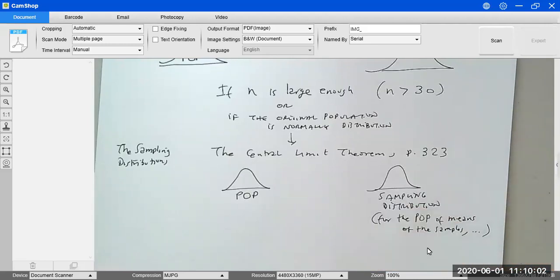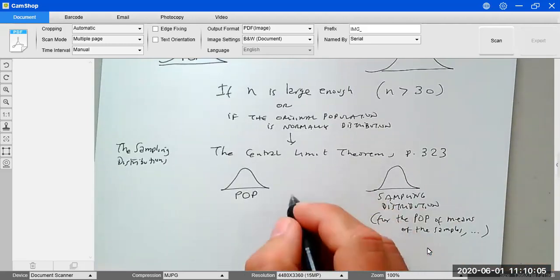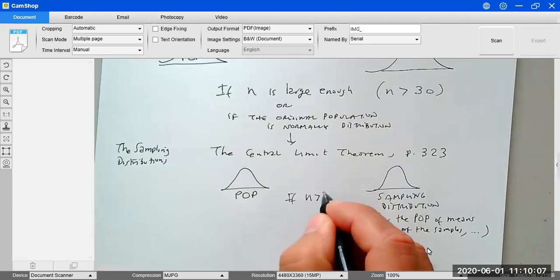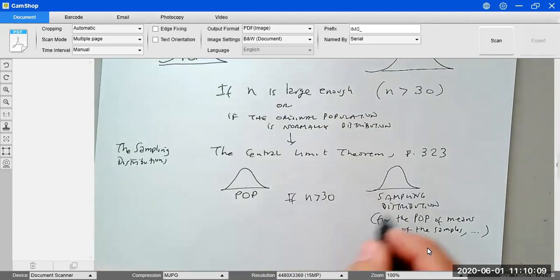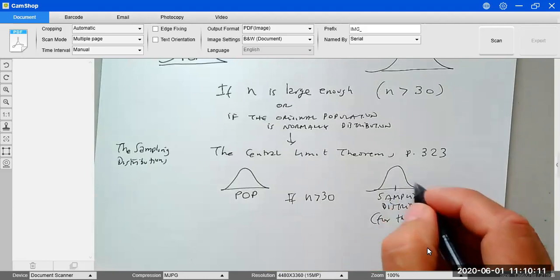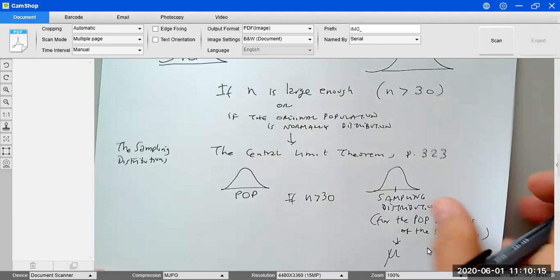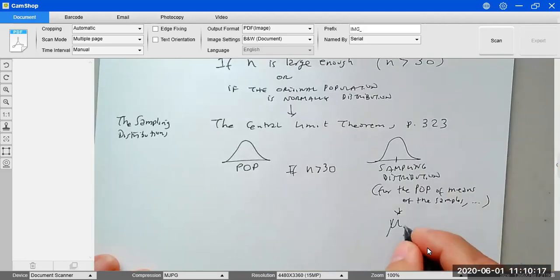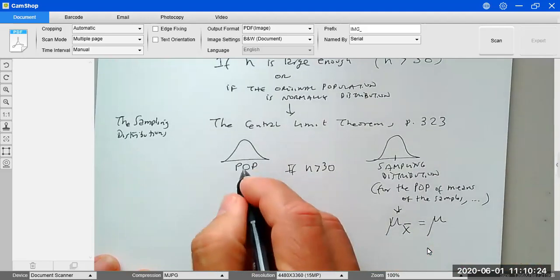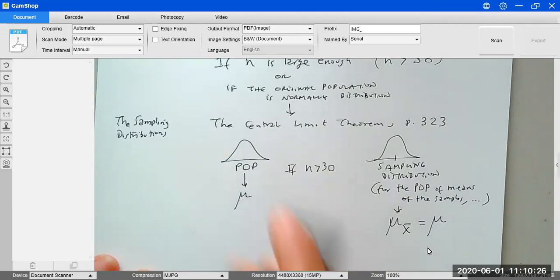Now the central limit theorem says that if n is greater than 30, then the mean of this distribution, which we denote by mu of the means, is going to be equal to the mean of this population.